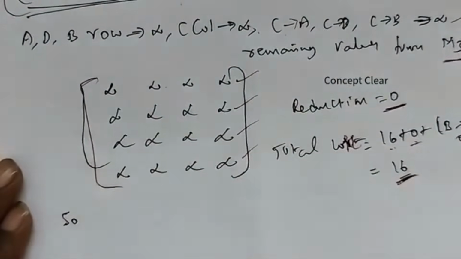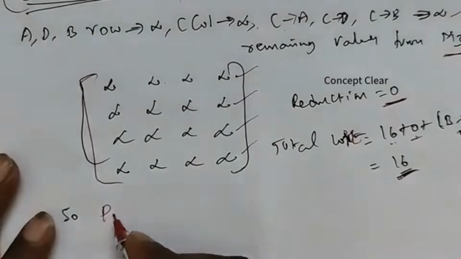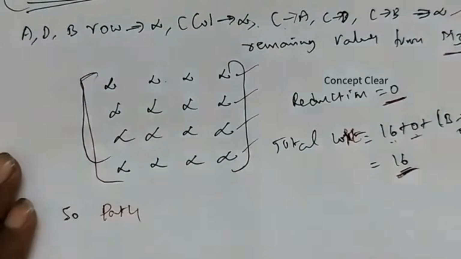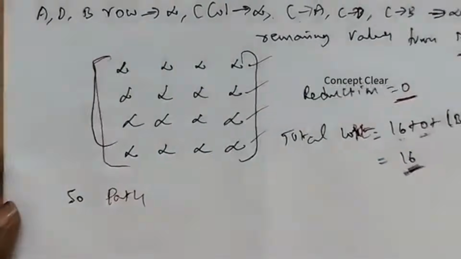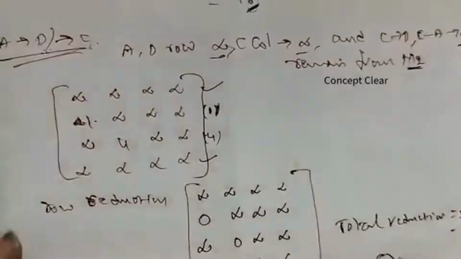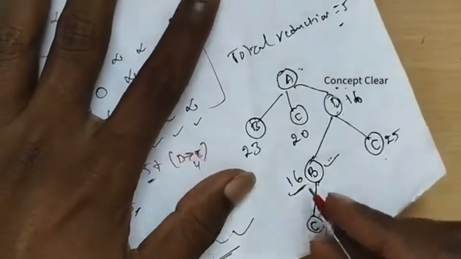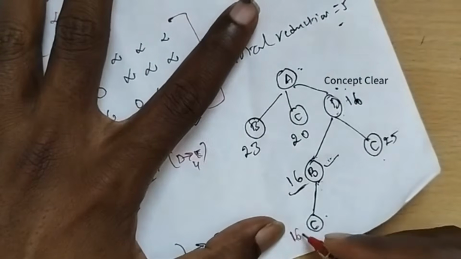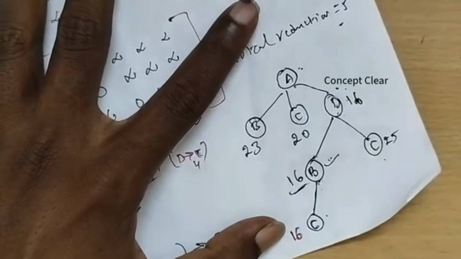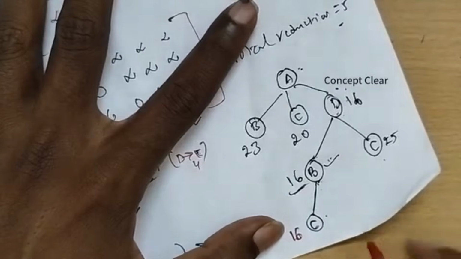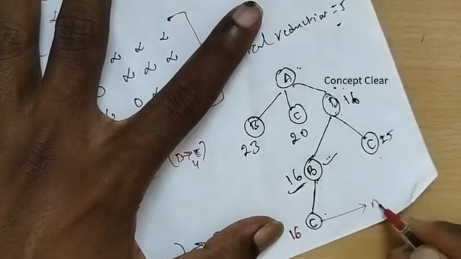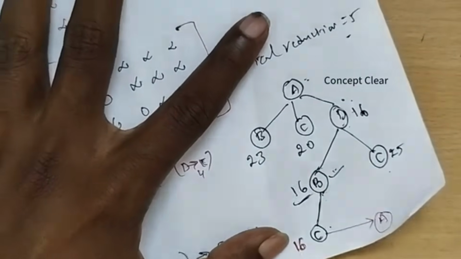So what is the path diagram? The path diagram is here. We will apply this matrix only. Here the B to C path is also 16. Now we have to travel to A. Next, what is the path diagram?